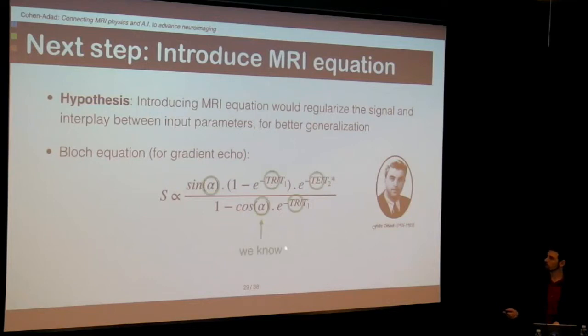Now, there are some parameters that we basically program when we take a picture of someone in the MRI, and there are parameters that we don't know, but that the model could ultimately learn. That's our goal. And we also know that we can constrain those parameters. These are intrinsic parameters of our tissue. In the white matter and the gray matter, you will have a particular T1, a particular T2 star, and so on.